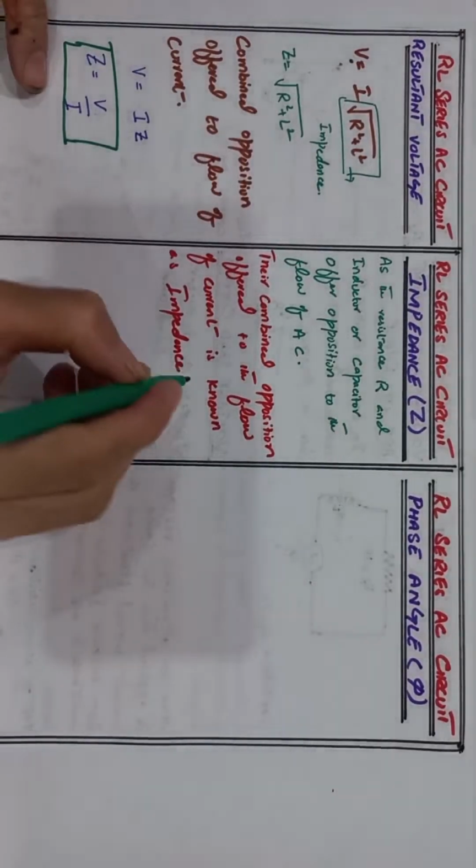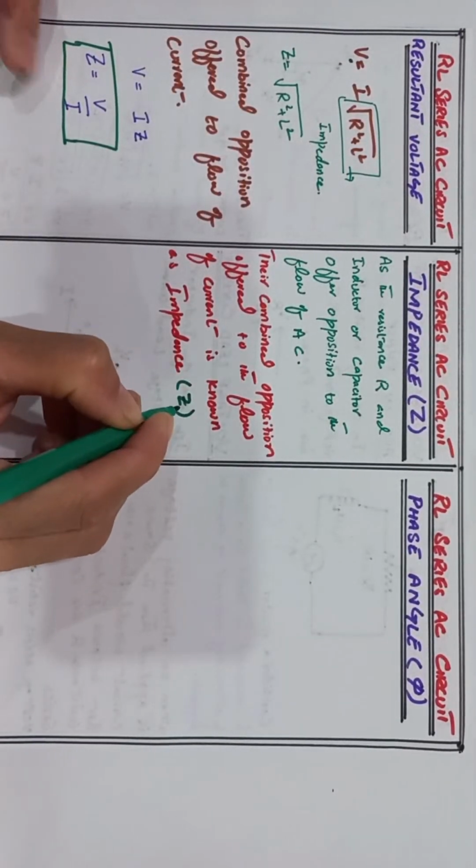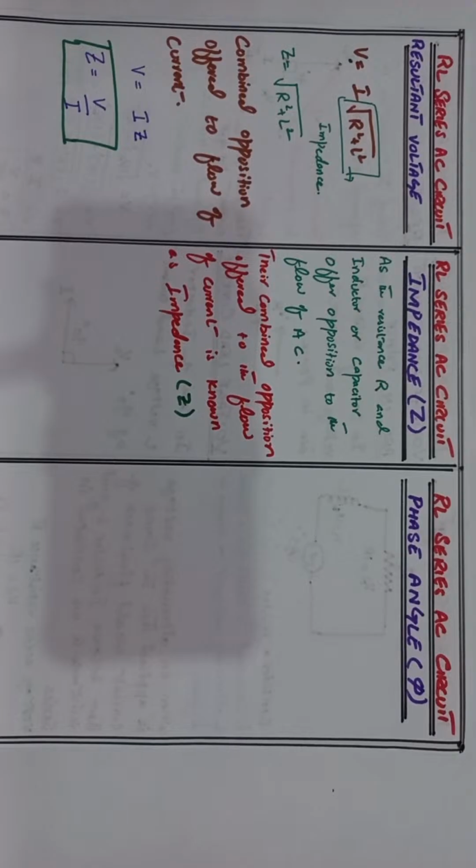Impedance is shown by Z. This is the definition of the impedance.